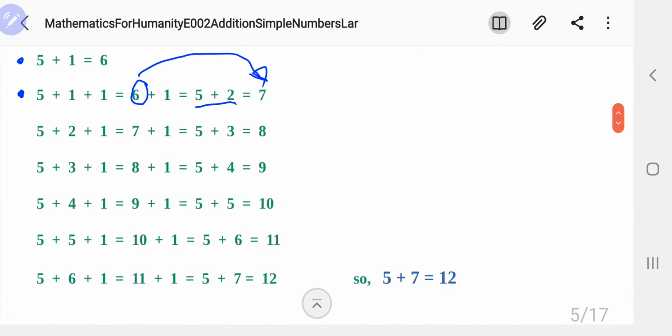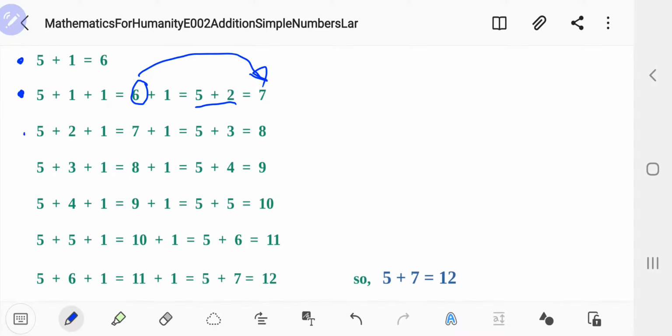You have 5 plus 2 plus 1. What is 5 plus 2 plus 1? 5 plus 2 here is just equal to 7. So that is 7 here, and you're going to add 1.